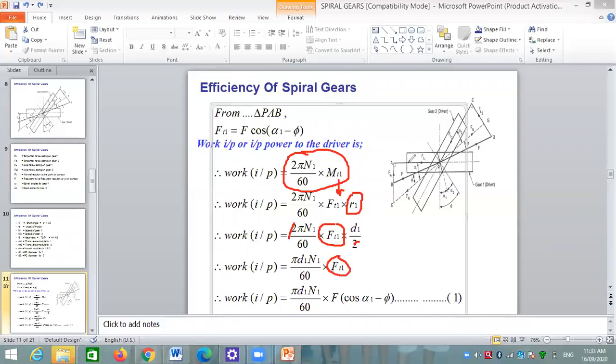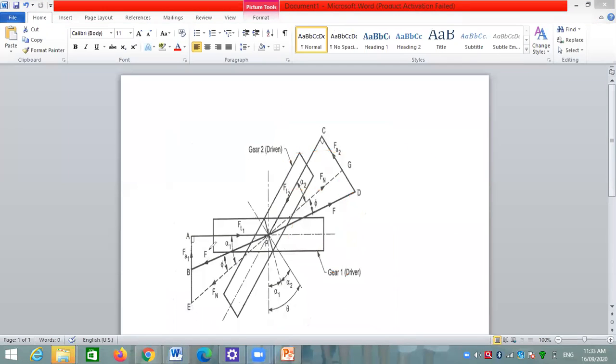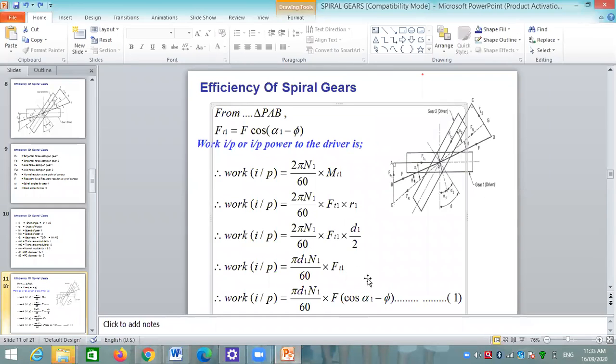If we see in this triangle, we write Ft1 in terms of the overall force. If we write Ft1 in terms of F, we will get Ft1 is equal to F into cos of alpha 1 minus phi.